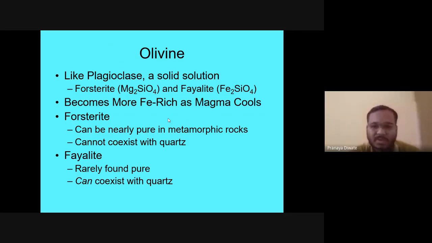So one more series is the forsterite to fayalite series. Fayalite becomes more Fe-rich as the magma evolves. Forsterite can be nearly pure or in metamorphic rock, and cannot coexist with quartz. Fayalite is a rarely found pure mineral, and it can coexist with quartz.